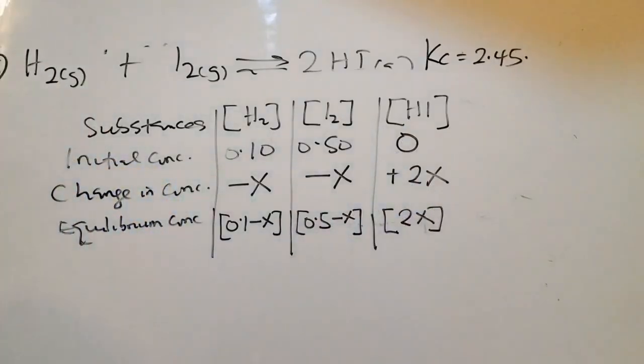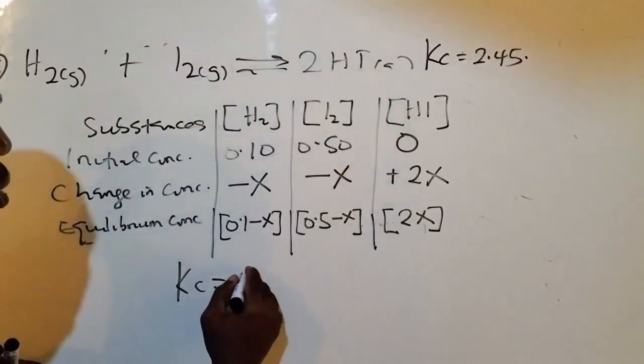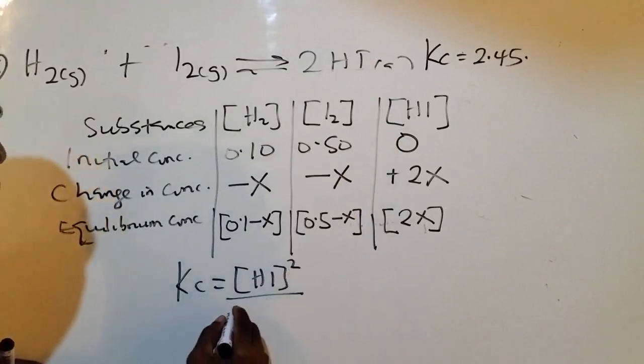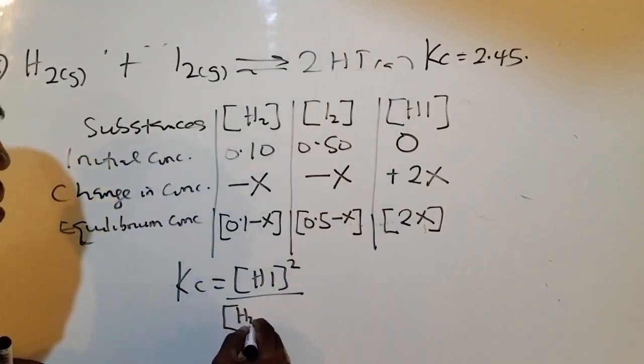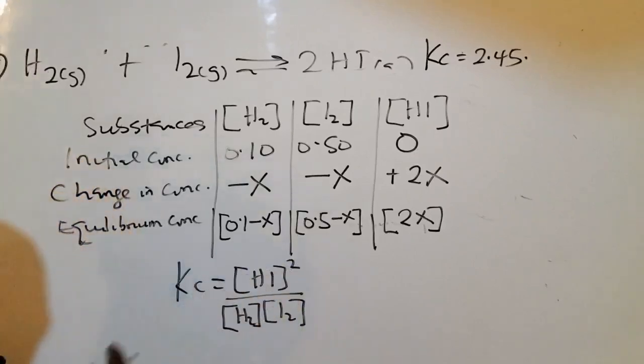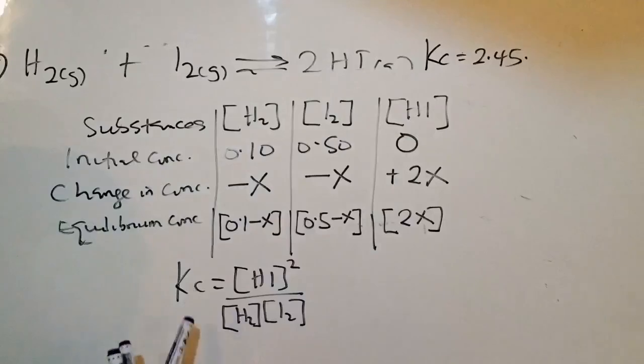The next thing to do is to write the expression for the equilibrium constant. Kc is the product concentration on top, to the power of 2, all over the reactant concentrations in square brackets. We're going to make substitution in this formula using the equilibrium concentrations and the value of Kc.